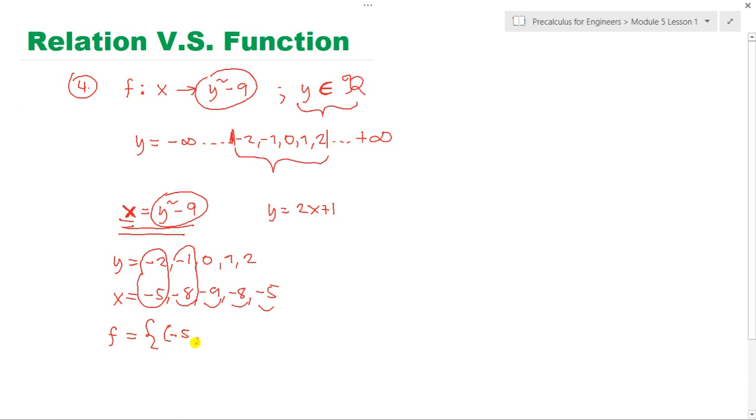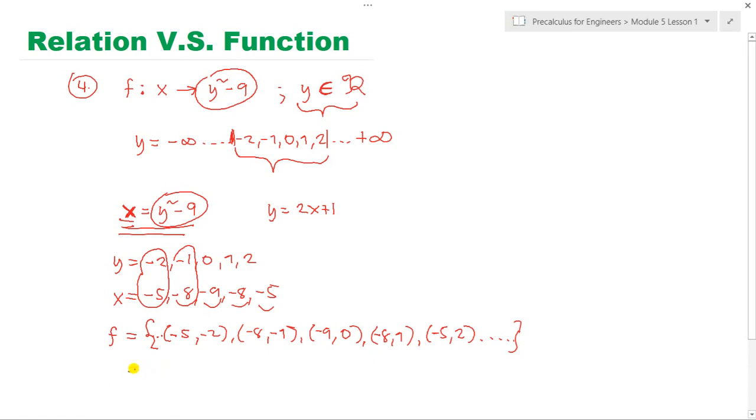We have -5 and -2. The second is -8 and -1. The third one is -9 and 0. The fourth one is -8 and 1. The last is -5 and 2. And then so on and so forth toward positive infinity, the same thing with this, so on and so forth here. Okay, this is just the portion of our range.